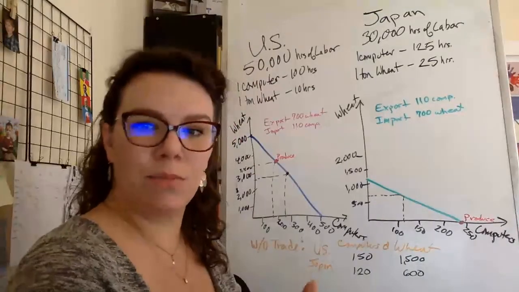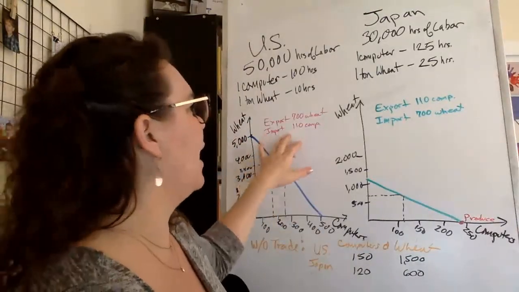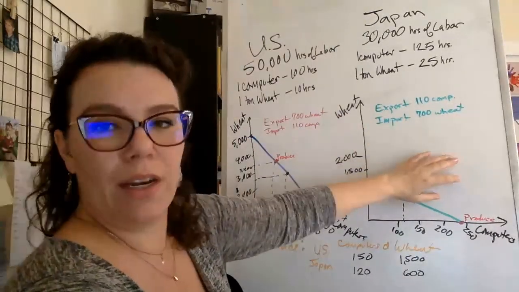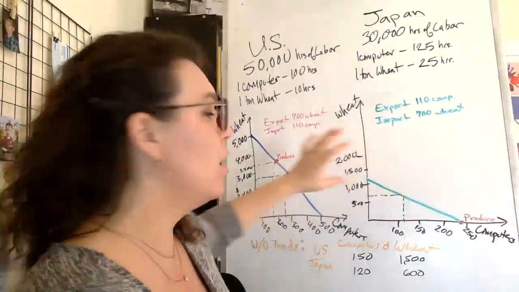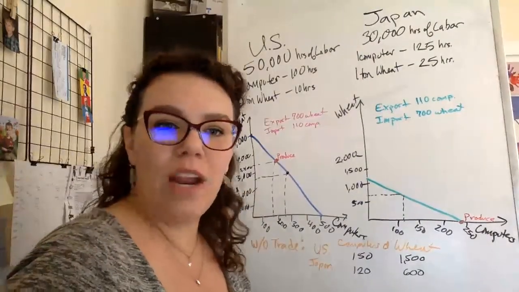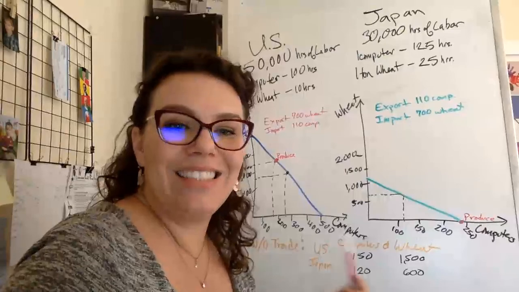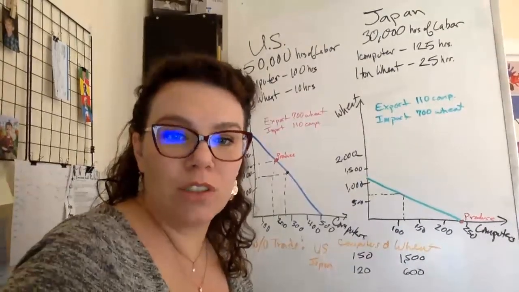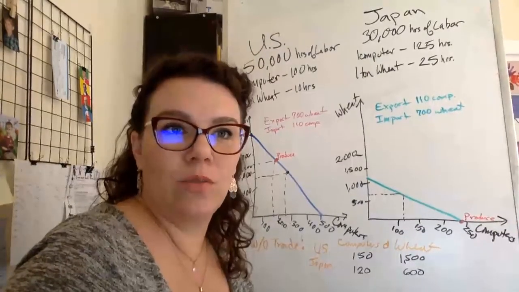We're making this really simple, and so we're only looking at these two countries. So whatever the US exports, Japan imports, and whatever Japan imports, the US exports. And so that means now with trade, we can look at a different distribution of the goods that we're talking about, those computers and that wheat, right?